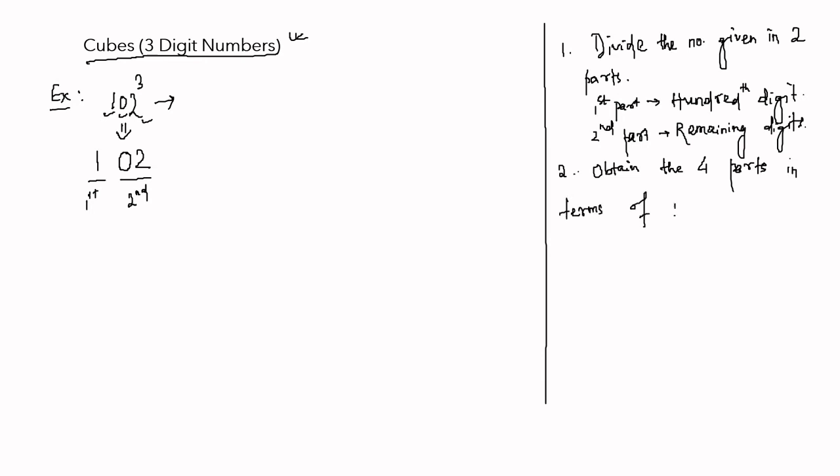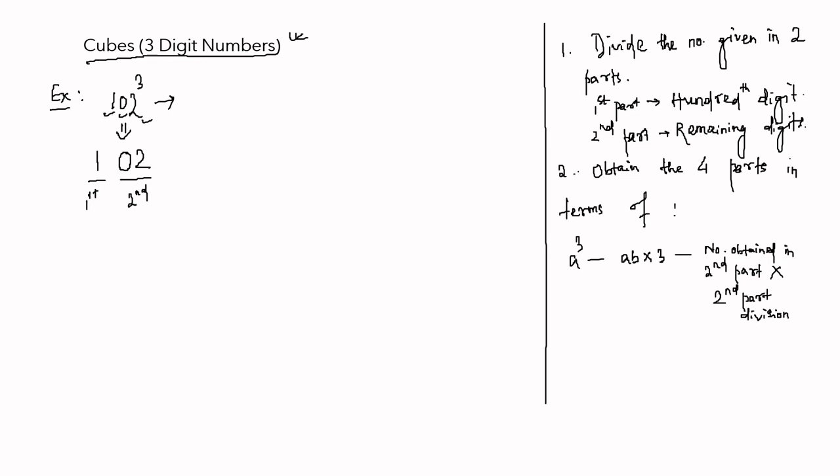now your first part will be a cube, second part will be AB into 3, third part will be the number obtained in the second part multiplied by the second part division.